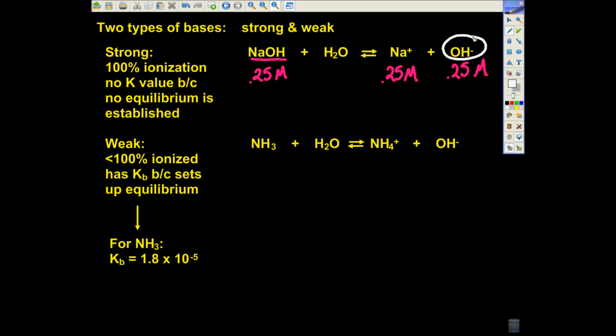Now, we know that pH is the negative log of the hydronium ion. Well, there's such a thing as pOH, and the pOH is the negative log of the hydroxide ion.